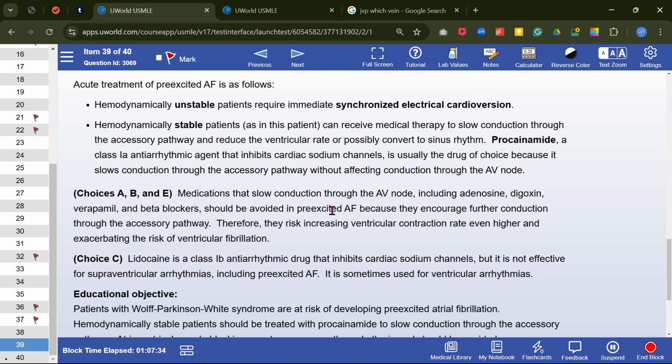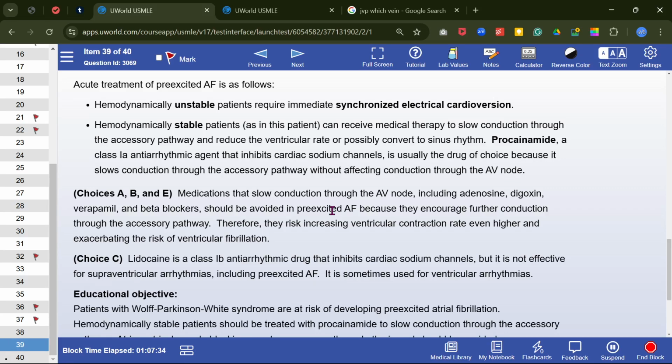Okay. Medications that slow conduction through the AV node, including adenosine, digoxin, verapamil, and beta blockers, should be avoided in pre-excited AFib because they encourage further conduction through the accessory pathway. This is the contrast: in atrial fibrillation, we actually give beta blockers, rate-limiting calcium channel blockers and digoxin to control the rate. But in pre-excited AFib, with WPW syndrome, we avoid these drugs.